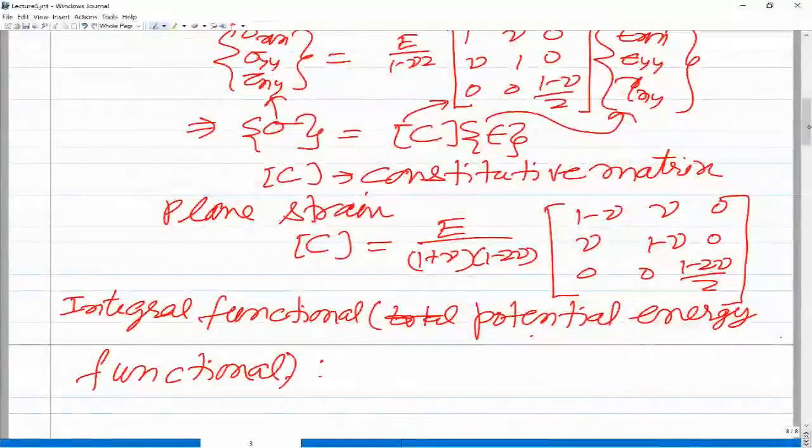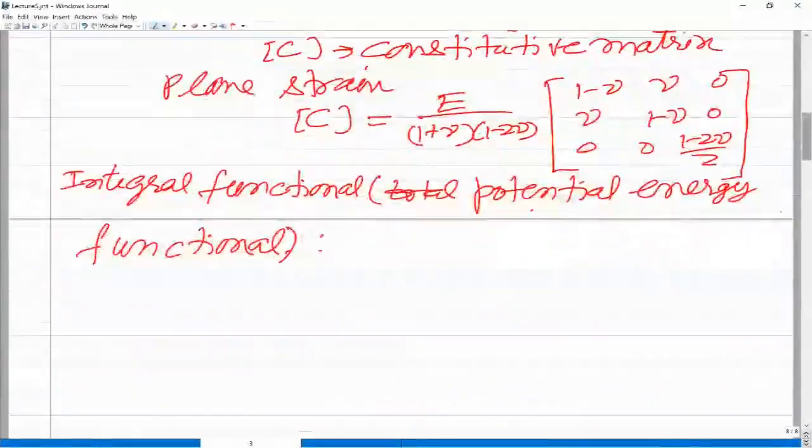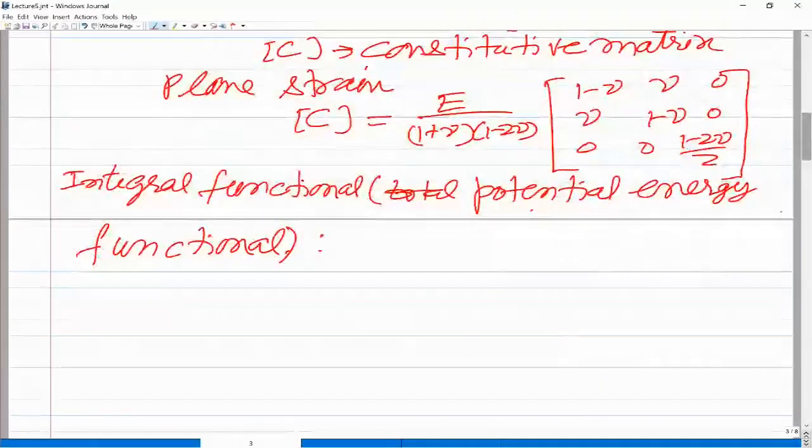How do we write it? As we have been doing, I am not starting here with the differential equations, but directly writing the integral functional.